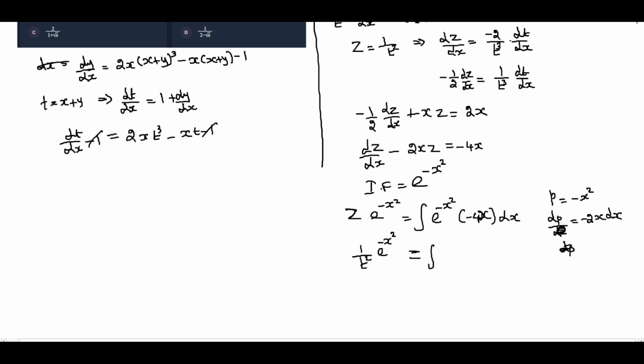So the integral of e power minus x square will be e power p into 2 dp, which is nothing but 2 into e power p. Just replace the p value as minus x square, plus c. Again replace t as x plus y, so 1 by (x plus y) whole square into e power minus x square.